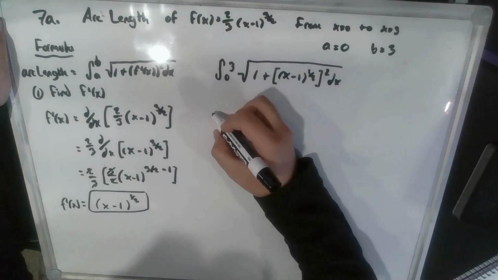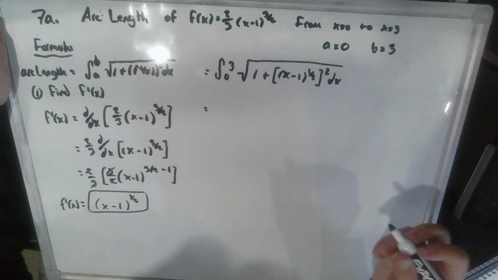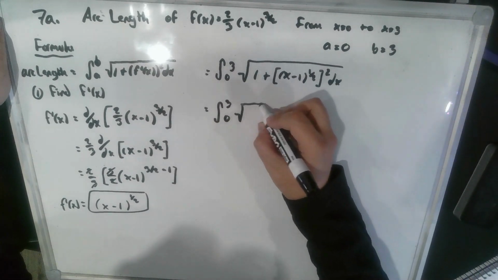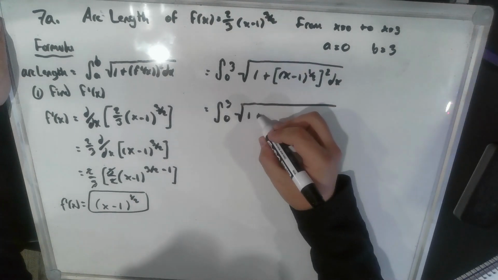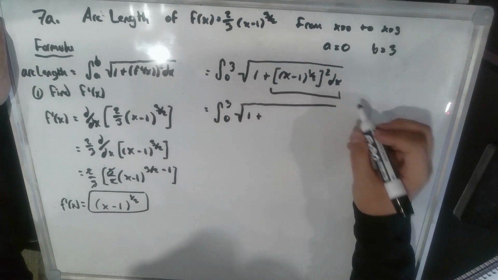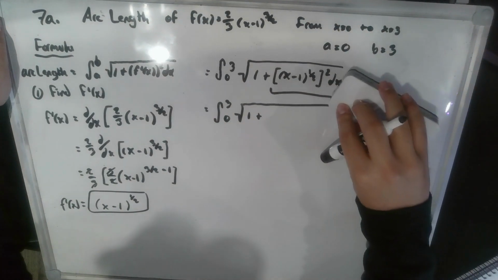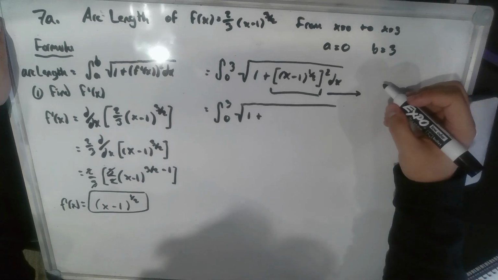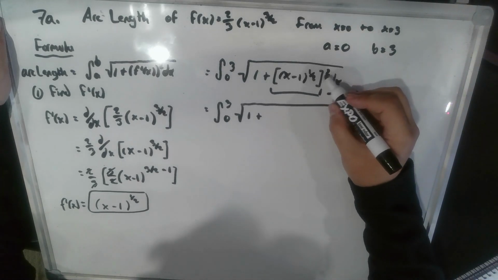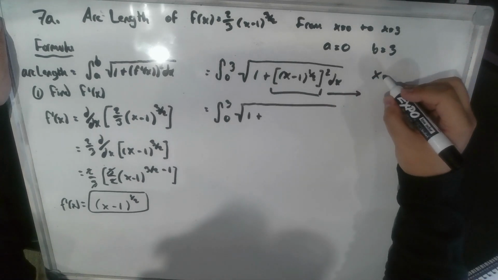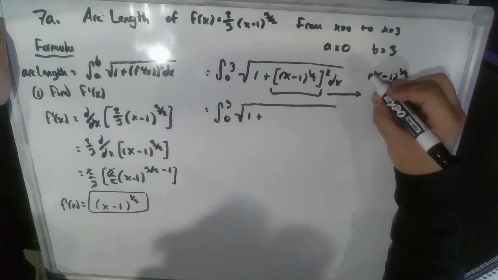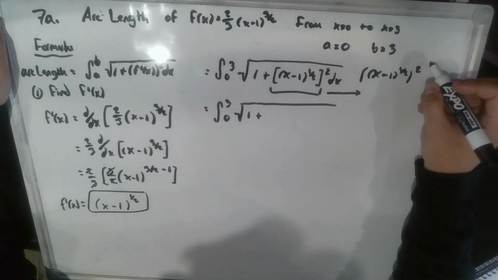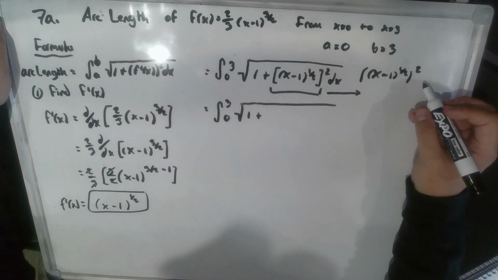So next, this can be rewritten. Integral from 0 to 3. This can be simplified. So 1 plus this part becomes, these are multiplied, x minus 1 to the 1/2 with a 2 on the outside. That just becomes 2 times 1/2, which is equal to 1.